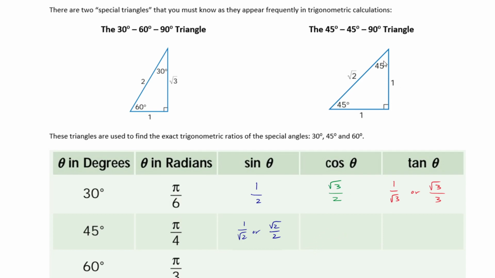It is the exact same thing for cos, because cos would be adjacent over hypotenuse, and so that is also 1 over root 2, or root 2 over 2. And tangent is actually the simplest of the three, because it's opposite over adjacent, so it's just 1 over 1, or simply 1.